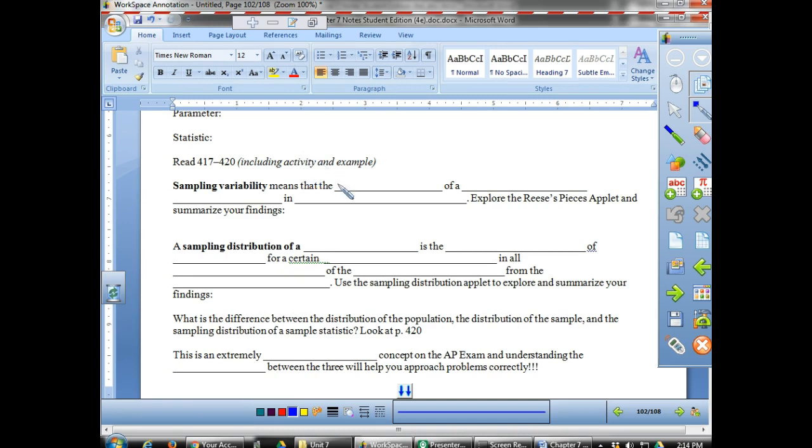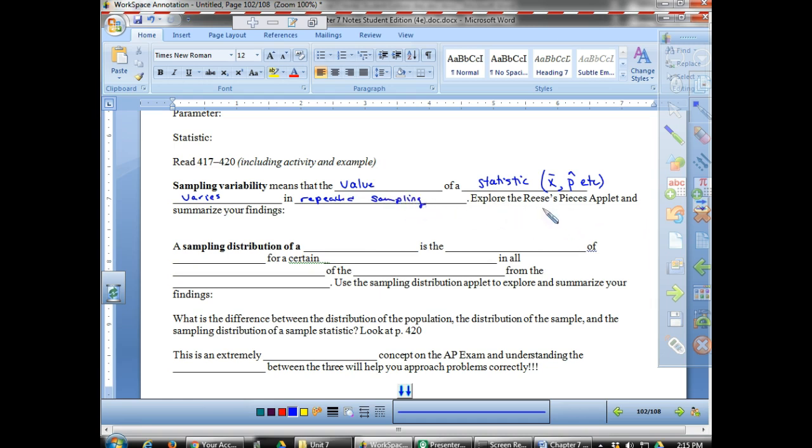Sampling variability means that the value of a statistic, and when I say statistic, that's like x bar or P hat, varies in repeated sampling. I'm going to hold off on exploring the Reese's Pieces applet because I'm going to do that with you, so we'll summarize this together.